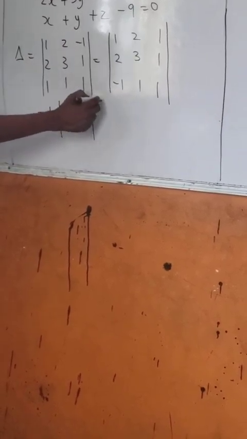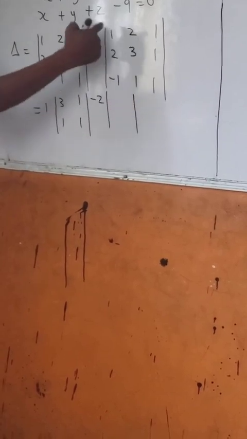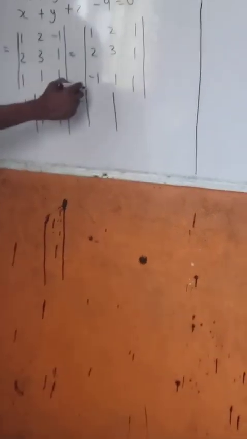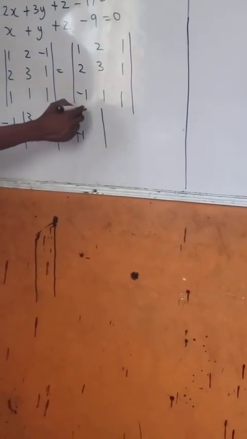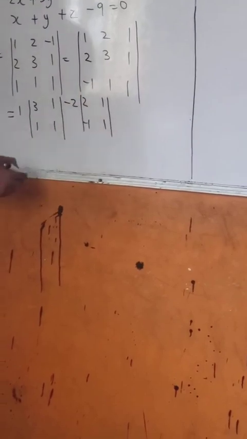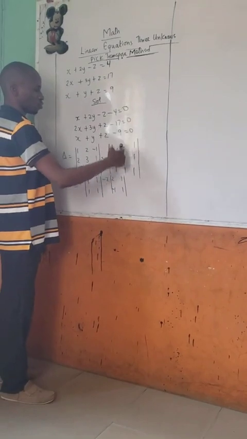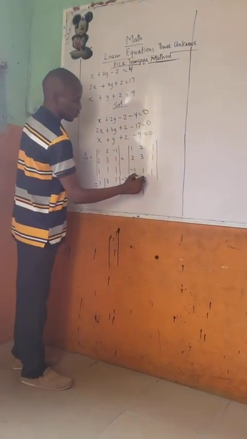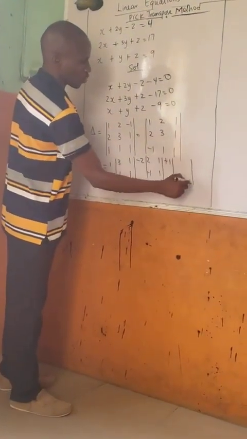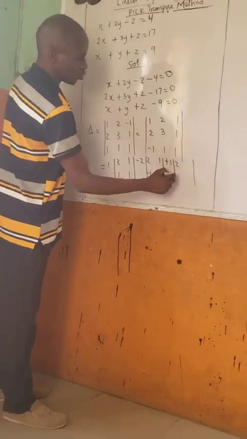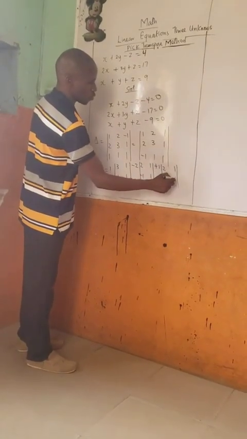This is minus 2. Pick the first row, second column, we have 2, minus 1, 1, 1. Pick the first row, third column. This will give us plus 1.